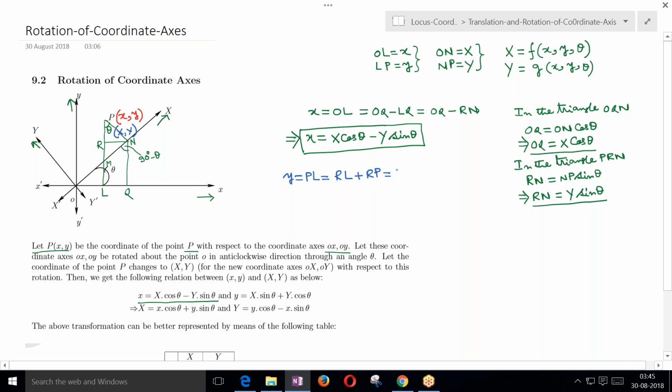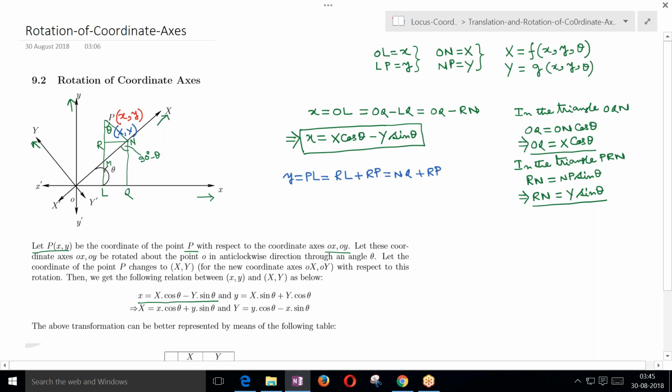RL is nothing but NQ, and so PL is NQ plus RP. In a similar manner to what I described in triangle OQN, where OQ is equal to X cos theta, we will find that NQ is equal to X sin theta.